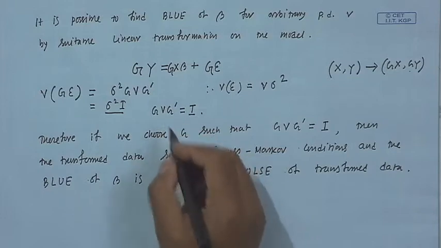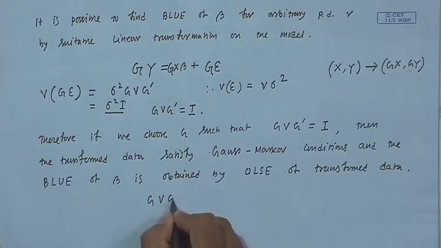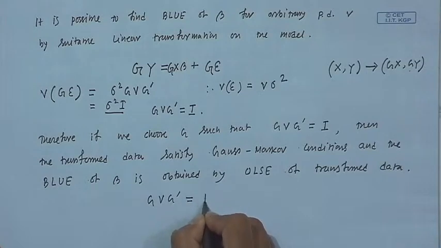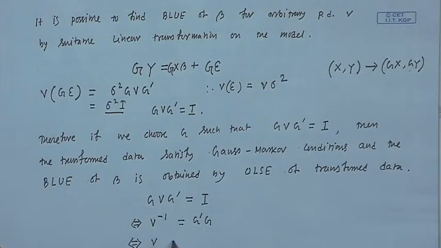Okay. So, here G V G prime equal to I, which is equivalent to V inverse is equal to G prime G, which is equivalent to V equal to G inverse G prime inverse.